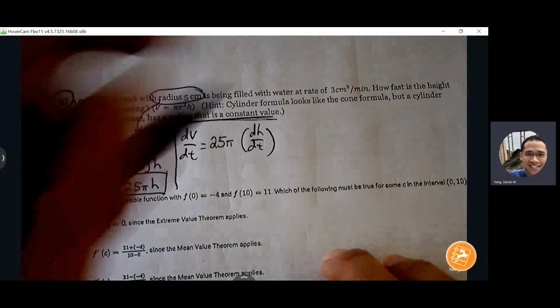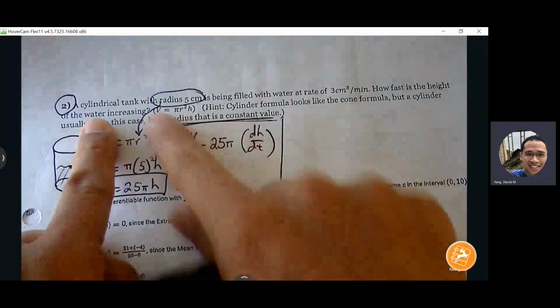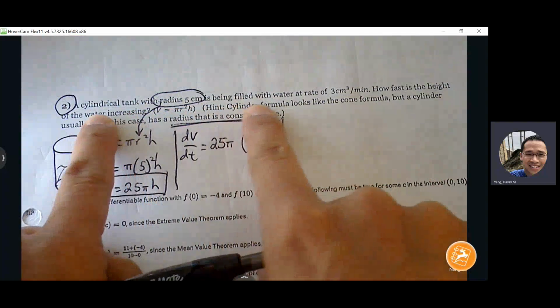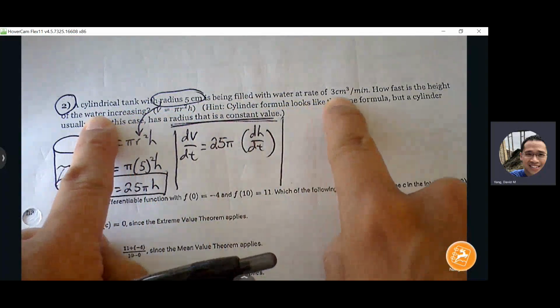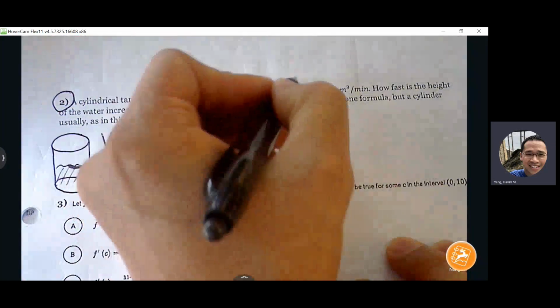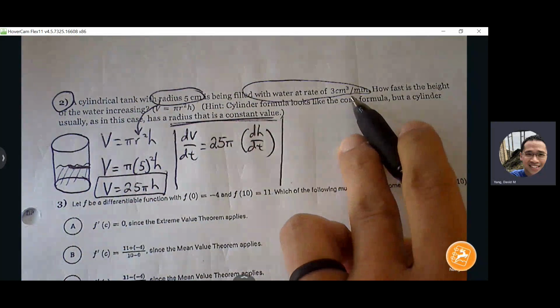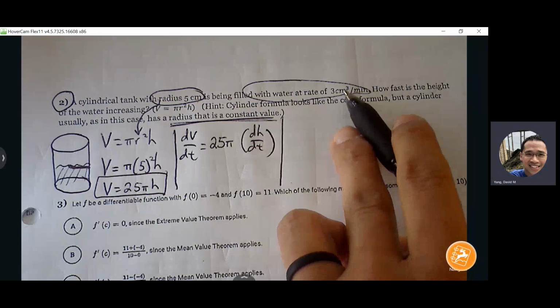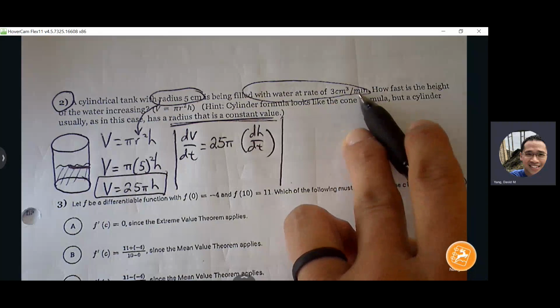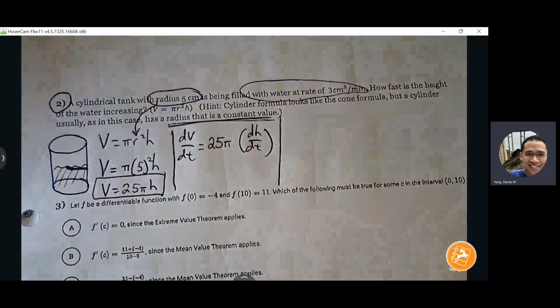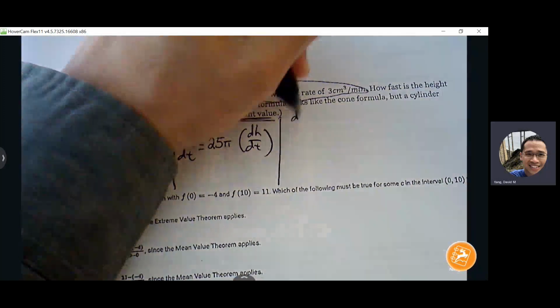Let's gather some information here. A cylindrical tank with radius 5, which you already found, is being filled at a rate of 3 cubic centimeters per minute. What is that referring to? You see cubic centimeters, that's an indication you're dealing with volume. Minute, that's time. So volume and time, it must be dV/dt. Positive or negative?